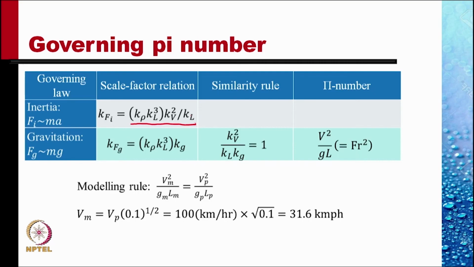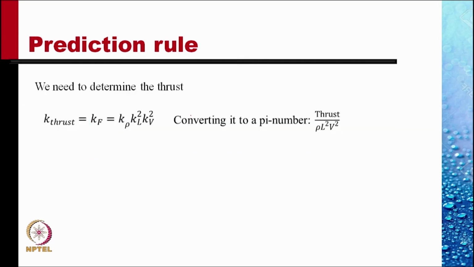So we will need the force required to accelerate this to 31.6 kmph. The force required, the thrust is a force, so it should have the same scale factor, K rho, Kl square, Kv square. Converting it to a pi number, thrust divided by rho L square V square must have the same value in the model as in the prototype.